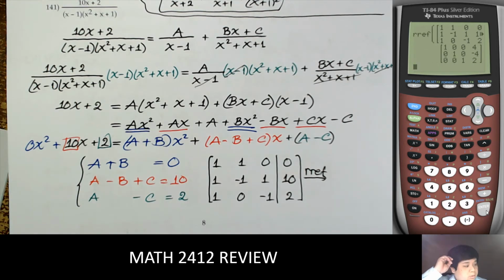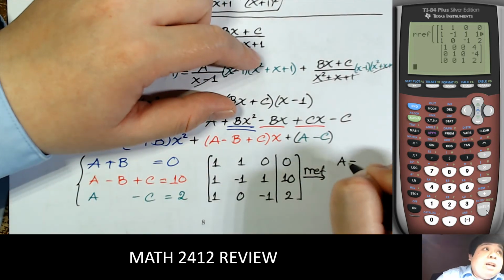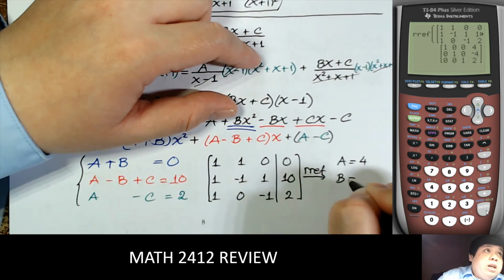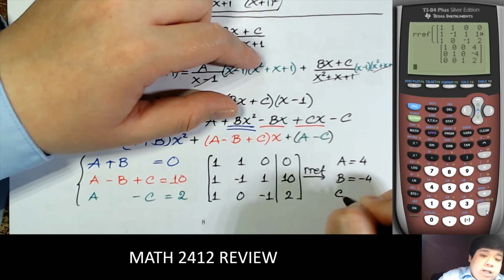So you have 4, negative 4, and 2. A is 4, B is negative 4, and C is 2.